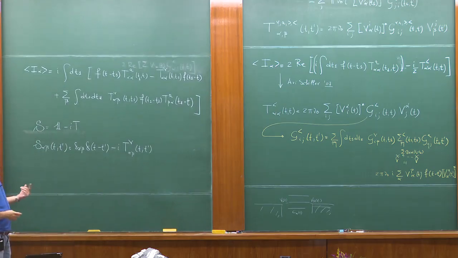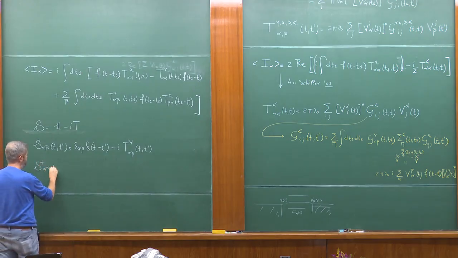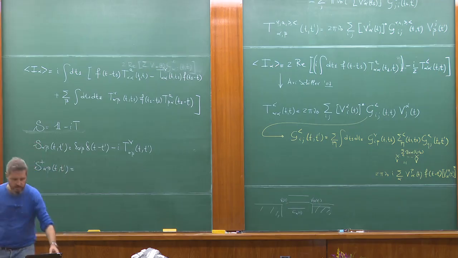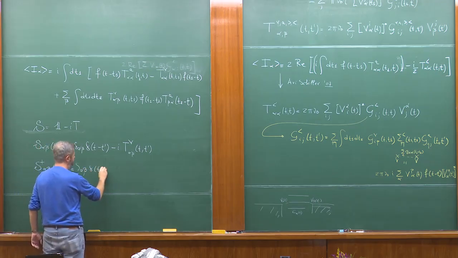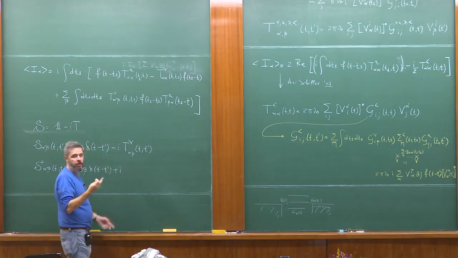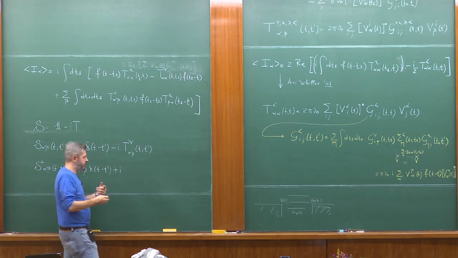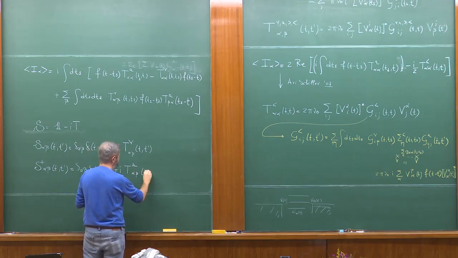And then S dagger alpha beta t t prime is equal to delta alpha beta delta t minus t prime, plus i, and the complex conjugate of the retarded is the advanced, so T advanced alpha beta t t prime.